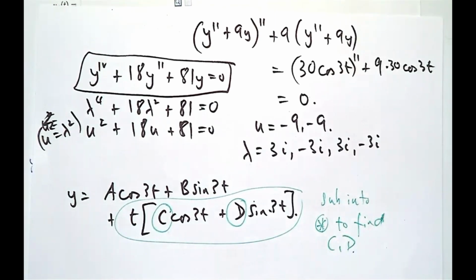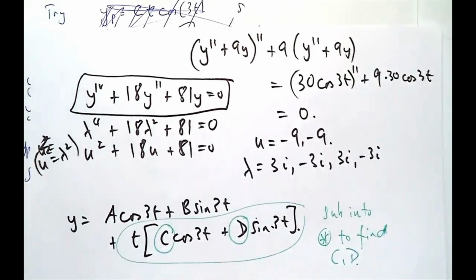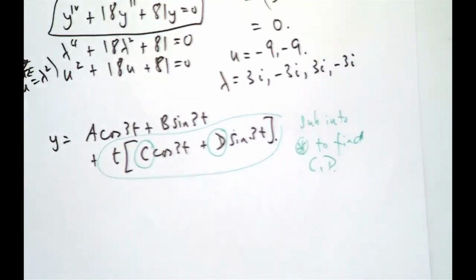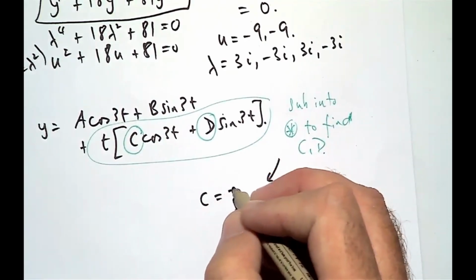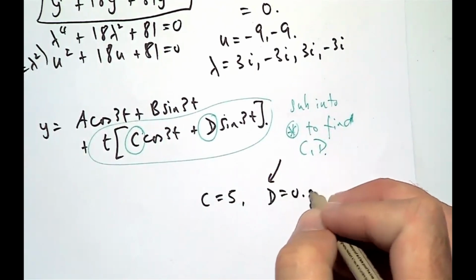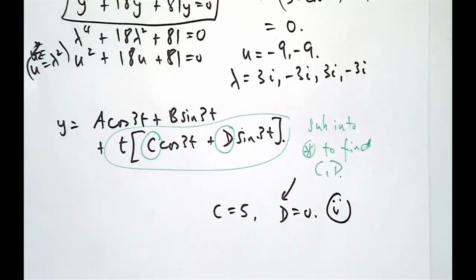Okay. So what did I get? Did I do it? I think I did it. Hang on. Yeah. So C equals 5, D equals 0.